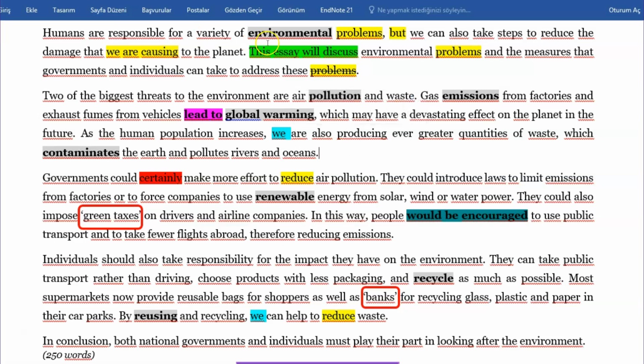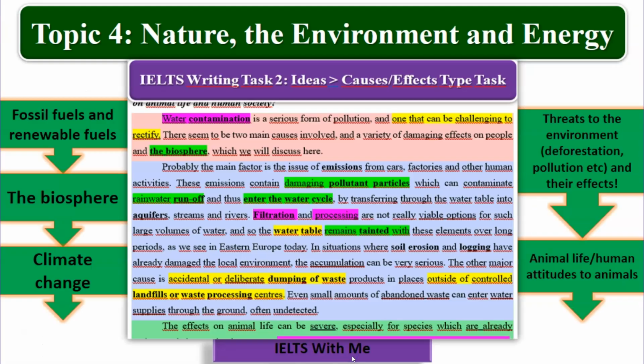Okay, please pay attention to the usage of topic specific vocabulary regarding nature, environment, and our planet, right? You can take a look at our previous videos about nature, environment, and energy.